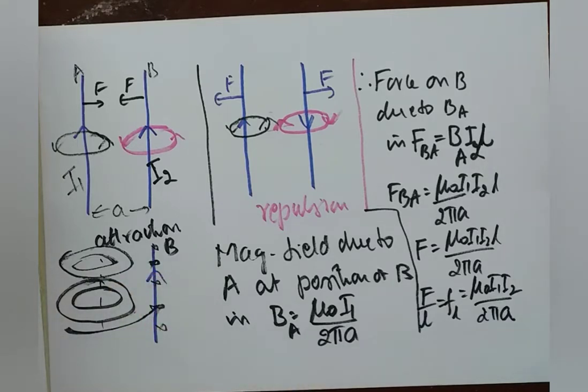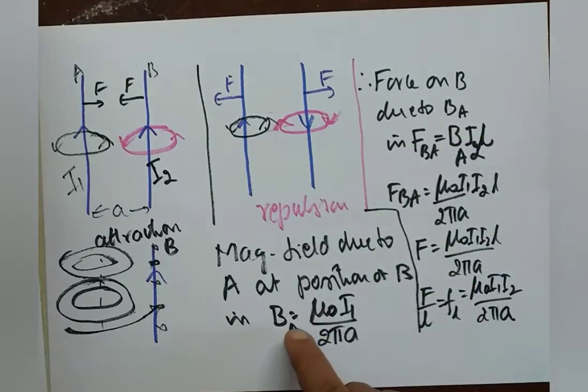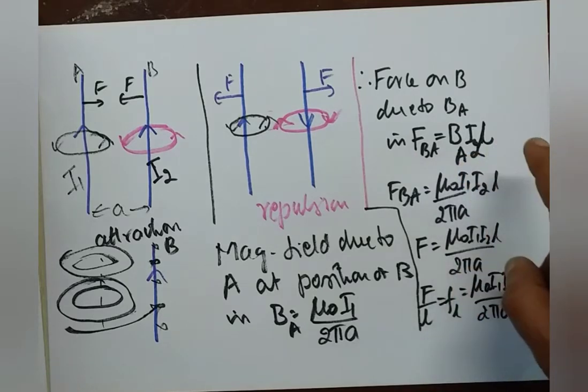We can write it as B_A equals mu naught I1 by 2 pi A, by using the magnetic field formula for a straight wire. Then the force on B due to B_A is F_BA equals BIL.